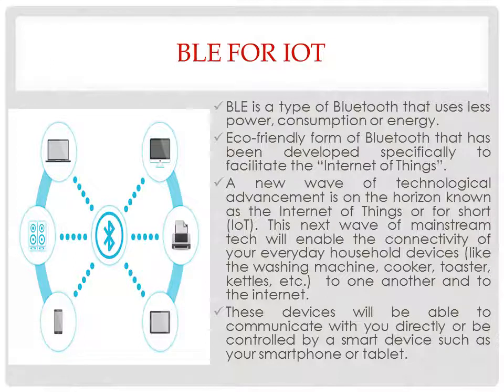These devices will be able to communicate with you directly or be controlled by a smart device such as your smartphone or tablet. You won't need to bother about turning on or off the washing machine or heating the kettle manually, as this would be possible just by the touch of a button on your smartphone.